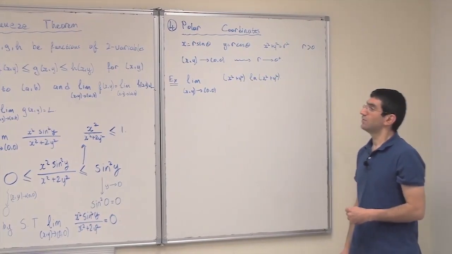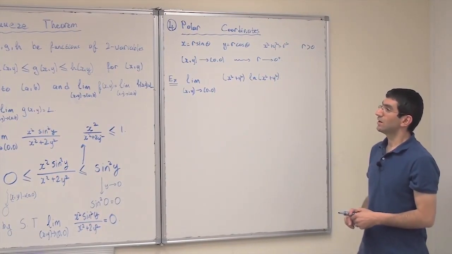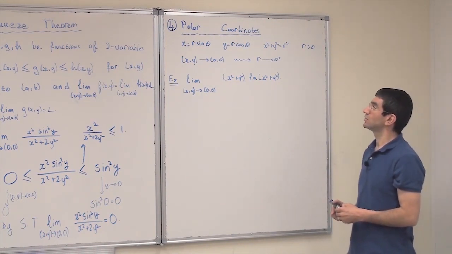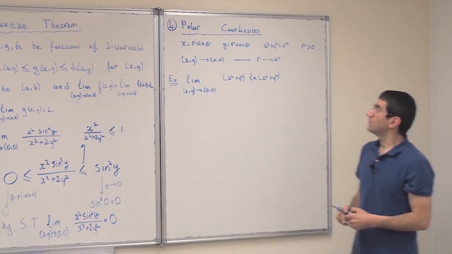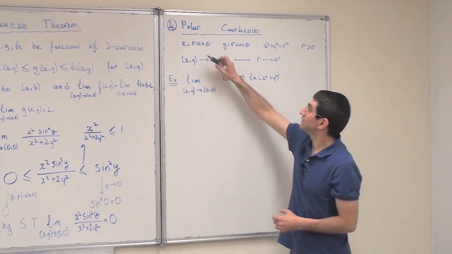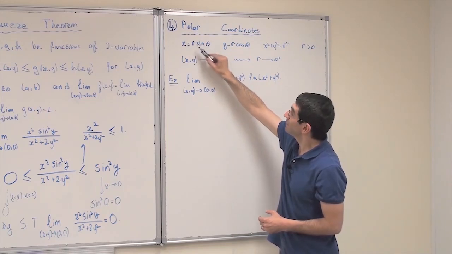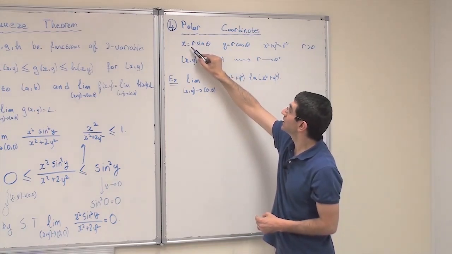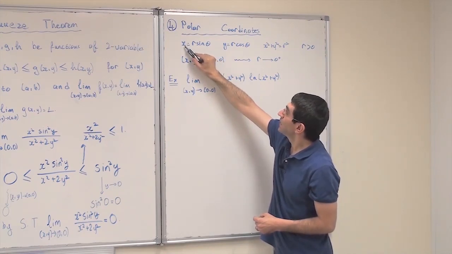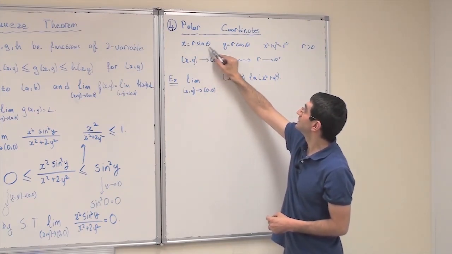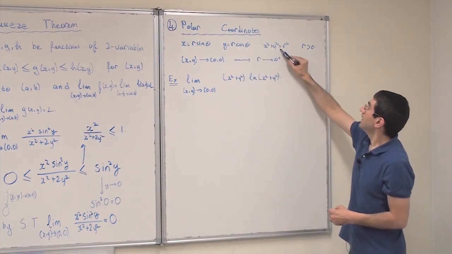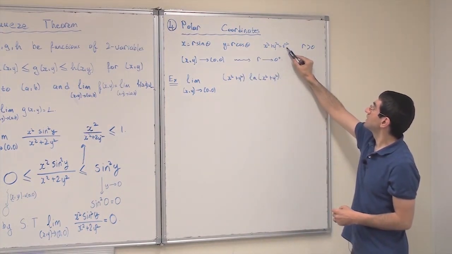Okay, now our last technique of evaluating limits is going to be polar coordinates. Before we do an example, let me remind you the relation between the Cartesian coordinates and the polar coordinates. So x is equal to r sine theta, y is equal to r cosine theta, and x squared plus y squared is r squared.